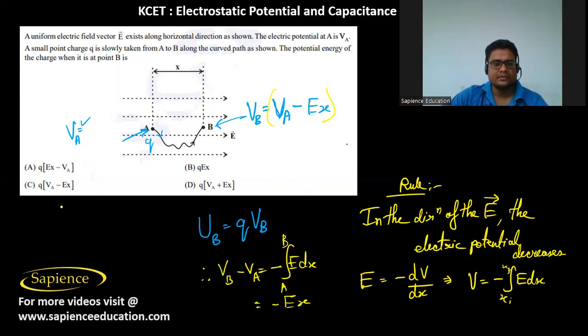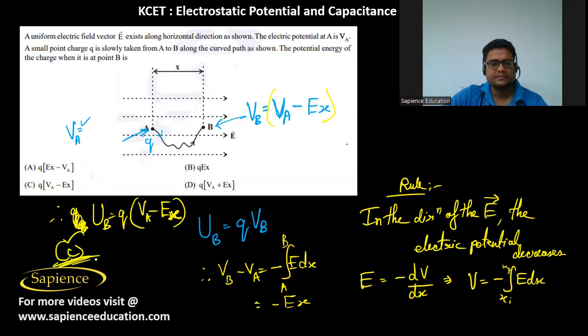Therefore, the potential energy of the charge Q at point B is Q into VB, which is Q into (VA minus EX). So option C is the correct answer.